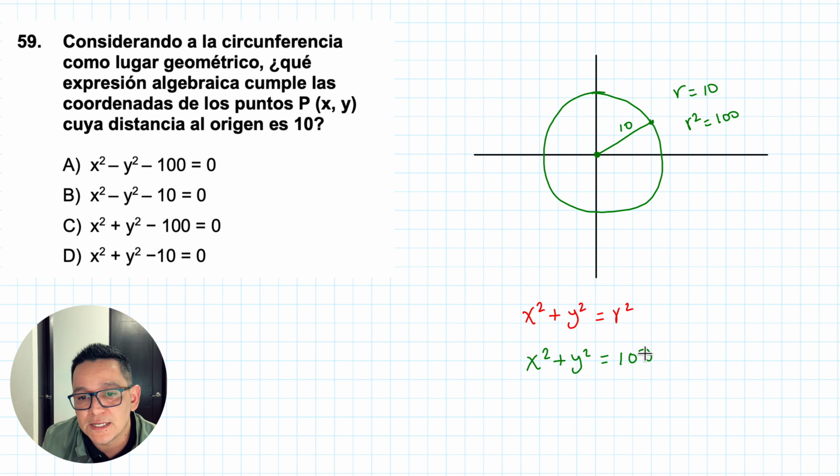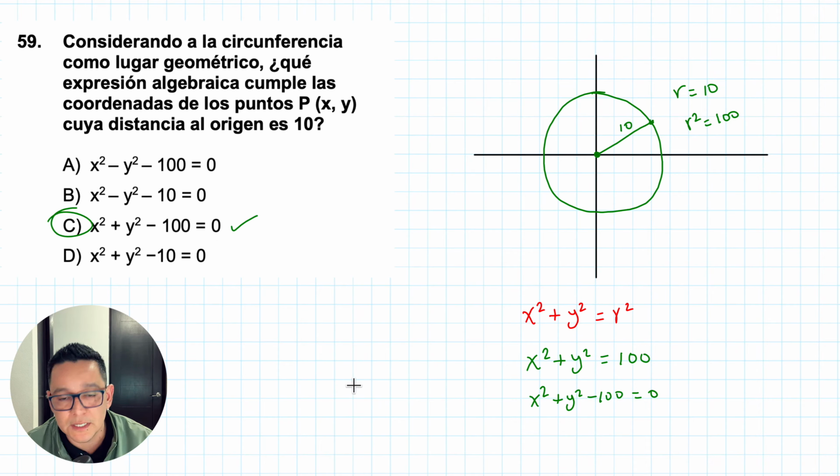But here we don't have the solution immediately, since not everything is set to 0. So we're going to move that 100 by subtracting it. So I end up with x squared plus y squared minus 100 equals 0. And that's it. That's option C, right? X squared plus y squared minus 100 equals 0. That's the solution.